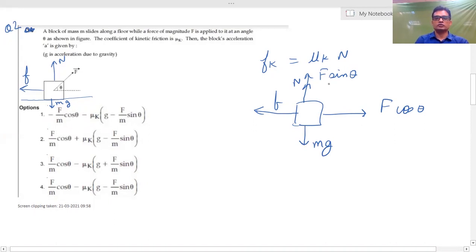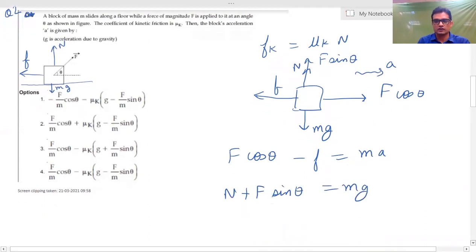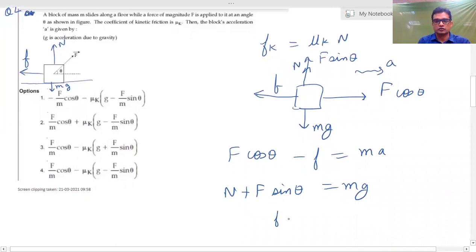Also it is given that the acceleration of the block is a. Now we can write the equation F cos theta minus f is equal to ma, and one more equation will be N plus F sin theta is equal to mg.